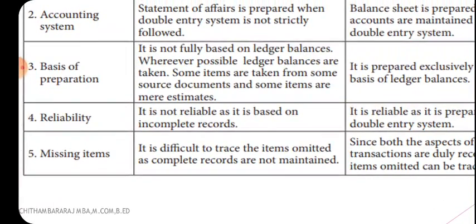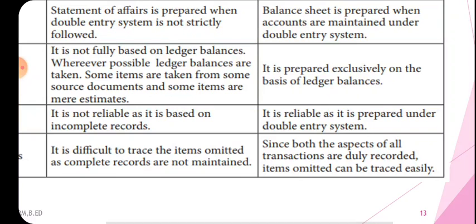Then reliability. The statement of affairs is not reliable as it is based on incomplete records. But the balance sheet is reliable as it is prepared under the double entry system.